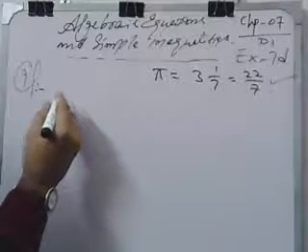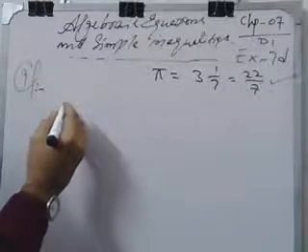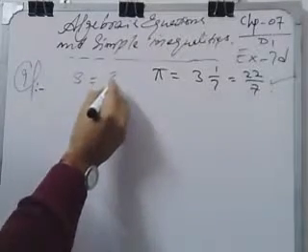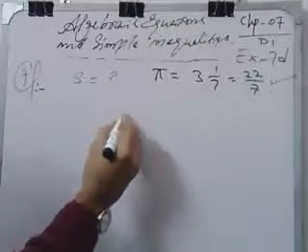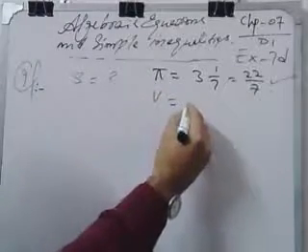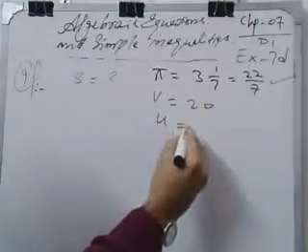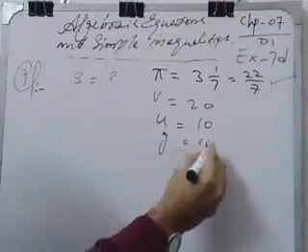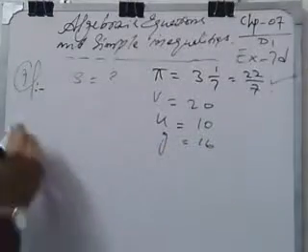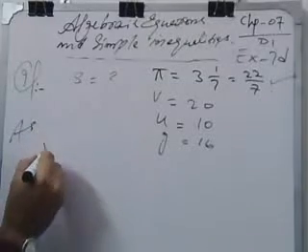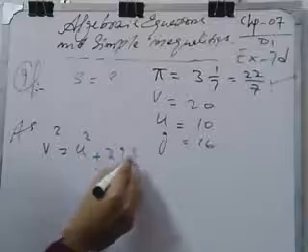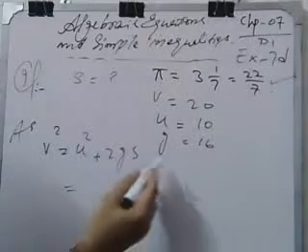Now next, question number 9. You have been asked to find the value of S, where the value of V is given to you 20, the value of U is 10 and the value of G is 10.